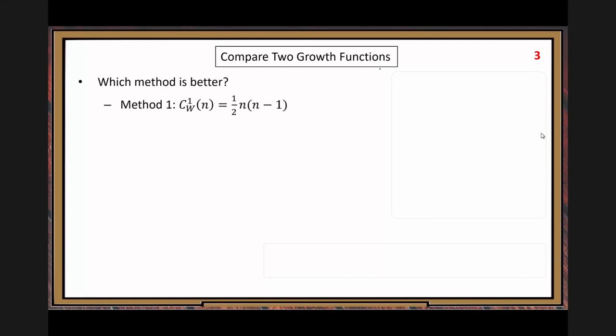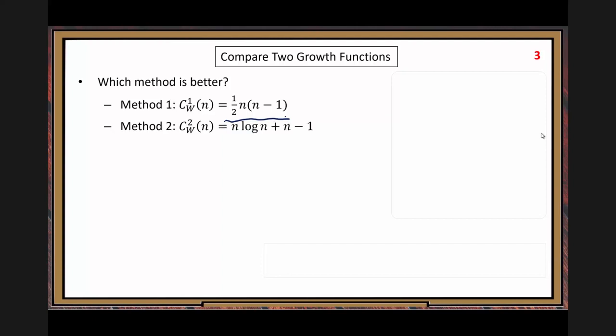Method 1: we do not do any preparation. We just do comparisons in many rounds. The worst case is this function, the same as the selection sort. This is method 1.